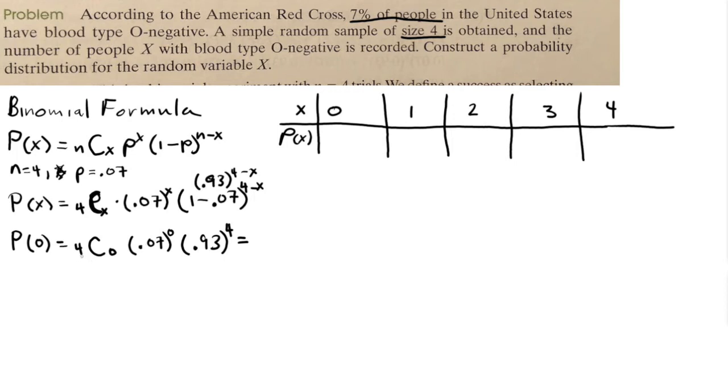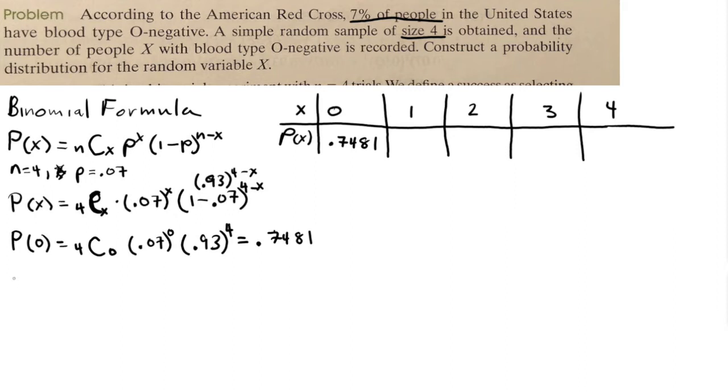So you're going to calculate 4C0, multiply that by this, multiply that by this, and you will end up with 0.7481. So my first probability here is that.